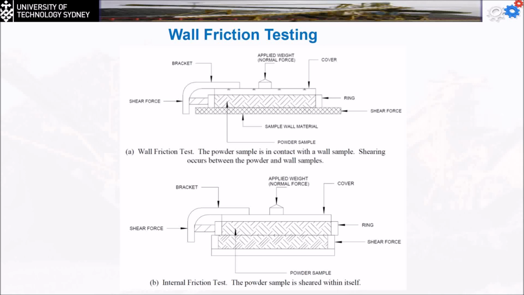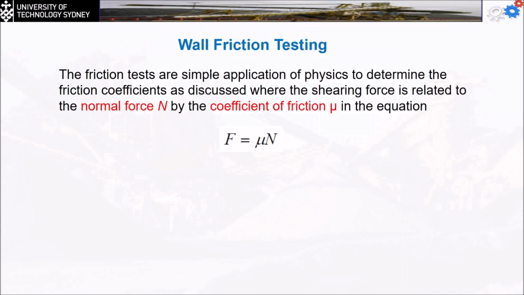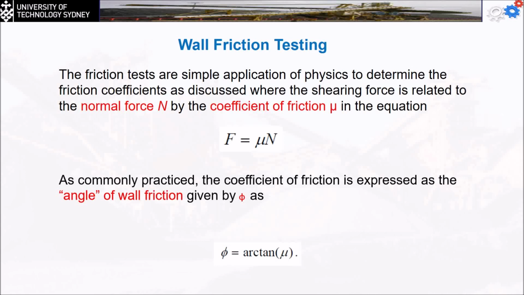The coefficient of friction is the tangent of the phi, which is the angle of the wall friction. The arctan means inverse tangent. So the inverse tangent of mu, which has been calculated from this equation, will give you the value of the phi or the delta wall.